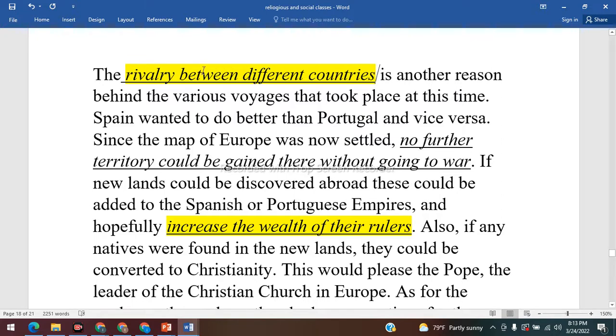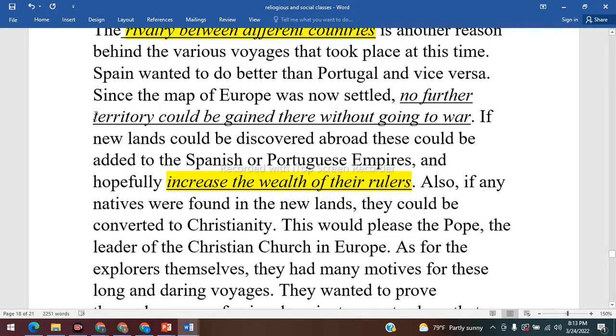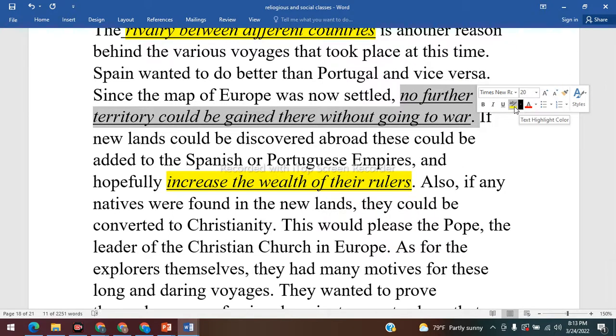Number one, they were in competition with each other. Number two, they did it to increase their wealth. Number three, no more land could be gained where they live, because if they tried to do it, they would end up going to war, so they don't want to bother with that.